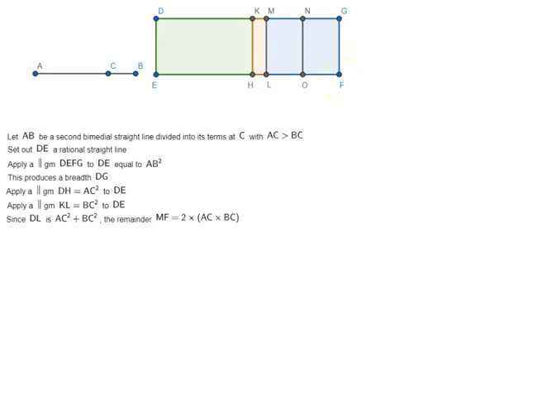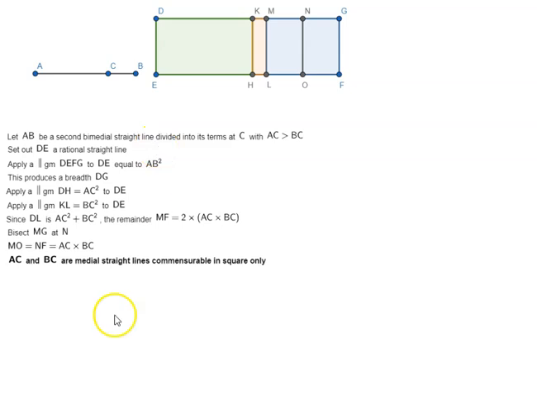Now we bisect MG at N so that MO is equal to NF, each of them equal to AC by BC. Based on the definition of a second bimedial straight line, we know that AC and BC are medial straight lines commensurable in square only. AC square and BC square are medial. AC by BC is medial.